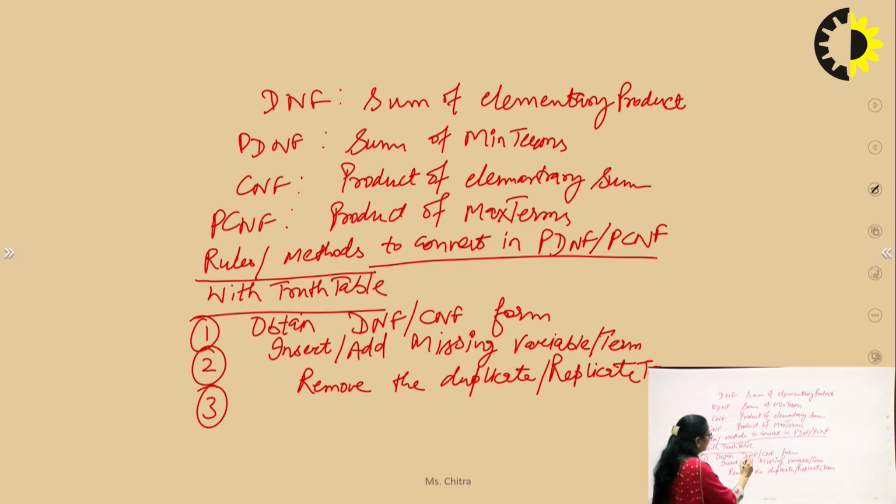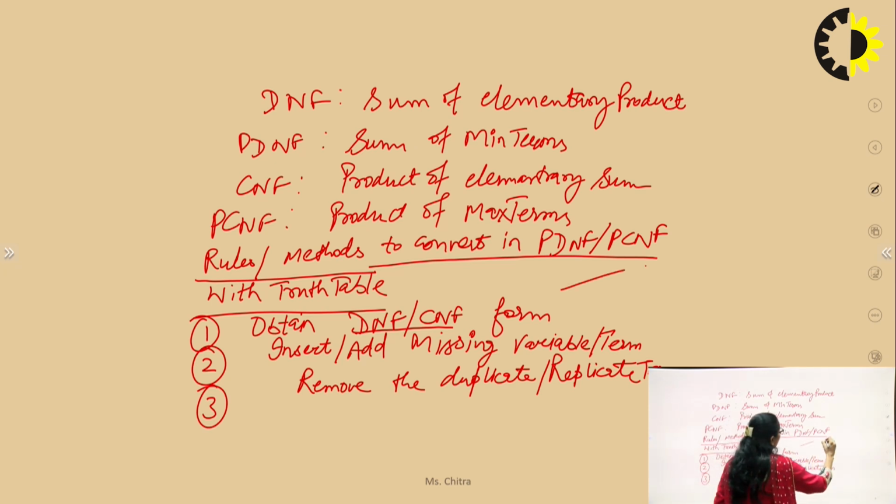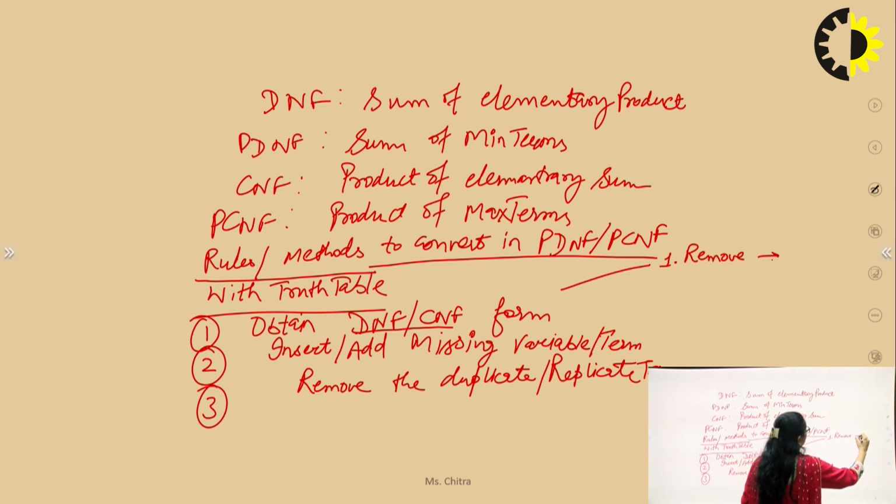But the very first time, we need to obtain the DNF and CNF form, and we know how to obtain them. The first step is to remove the implication symbol and equivalence symbol, replacing them using negation and or.